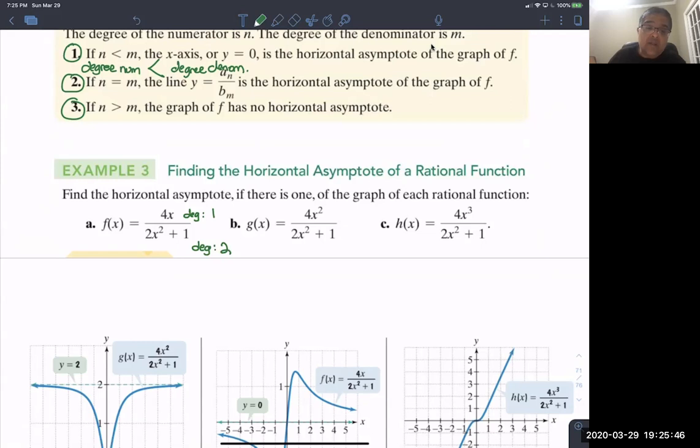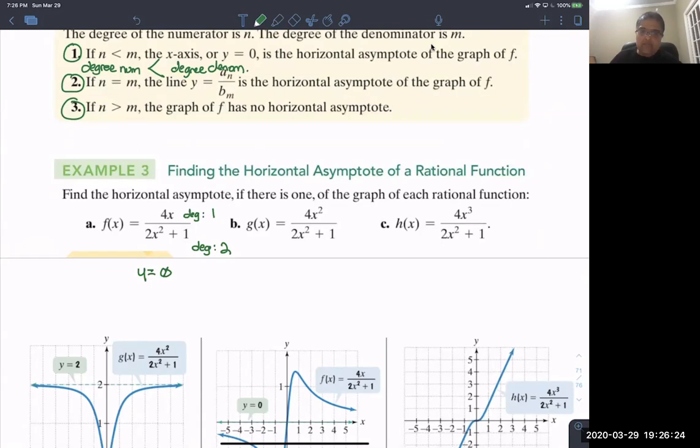So since the degree of the denominator is larger, notice the degree in the numerator is smaller, the degree in the denominator is larger, that means my x-axis, or y equals 0, is my horizontal asymptote. Does everyone see that? You may want to pause and re-listen to that. Because the degree in the denominator is larger than the degree in the numerator, the x-axis, whose equation is y equals 0, is my horizontal asymptote.